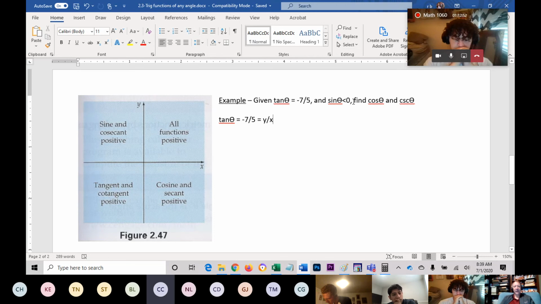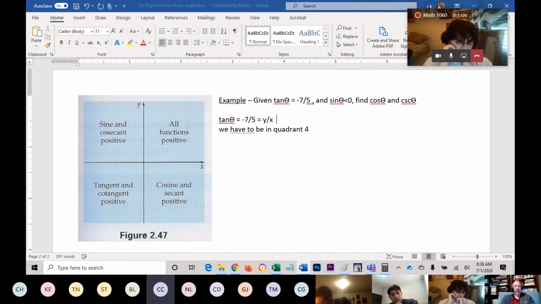So given this information, we've got to be in this quadrant. In this case, remember the tangent is y over x. So our x has to be positive. So x is positive and y is negative.